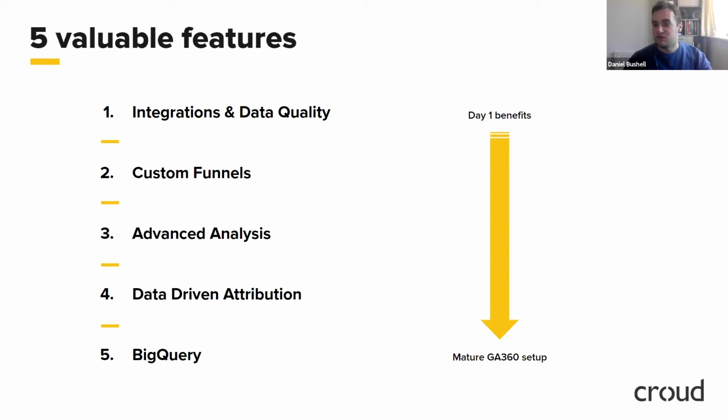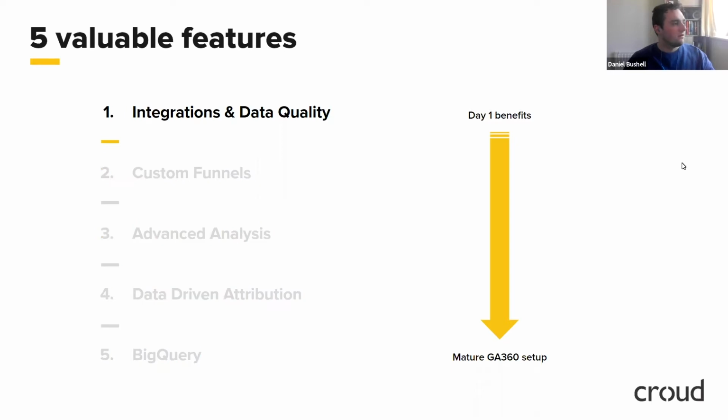But it's still something that's quite achievable and easy to do once you know how it works. So yeah, we're going to start off with Tammy, who's going to talk us through some of the integration aspects and the data quality aspects of GA360.